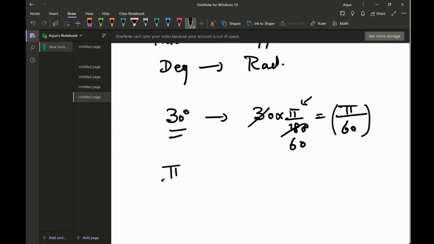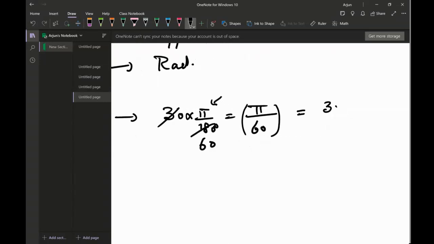Now if you are given pi over 6, you can reduce it further. Pi is 3.14, so 3.14 upon 6.